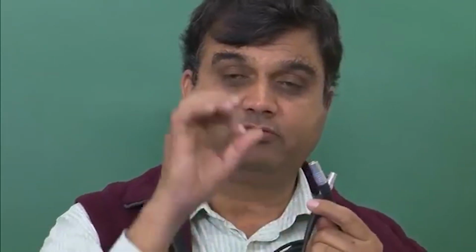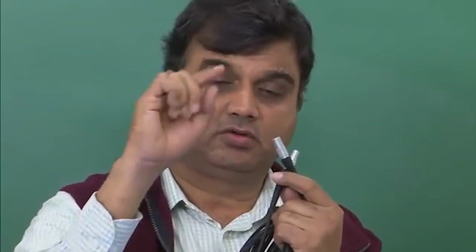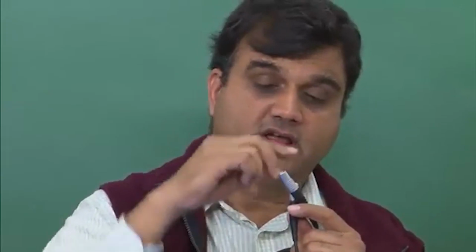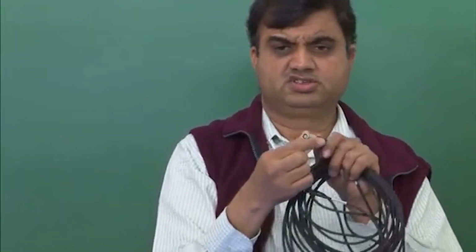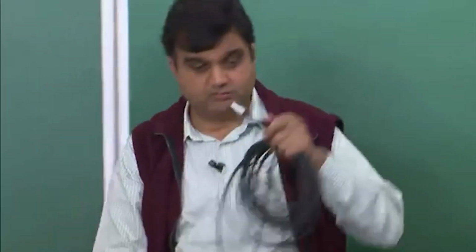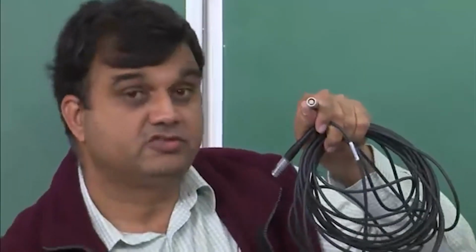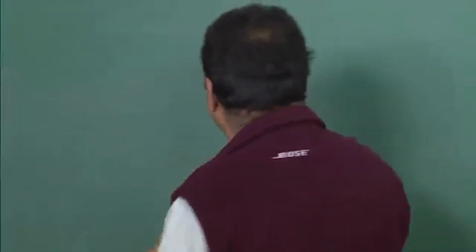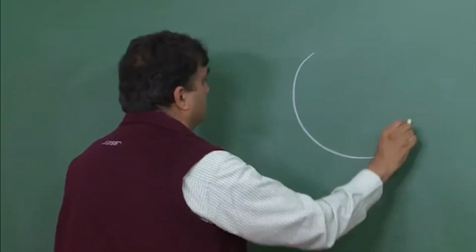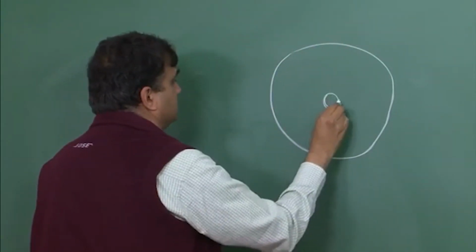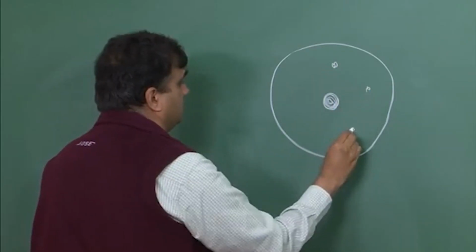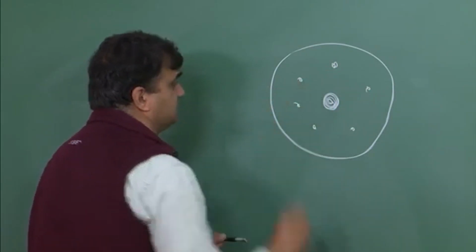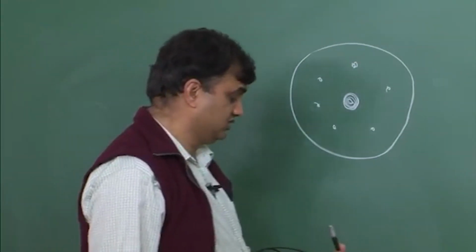So in BNC cable you have one cable running on the axis of the cable, and then there is another conductor which surrounds that core, but here you have 6 on the periphery. So if you take front view of this thing, then it will look like the overall cable has one conductor on the inside and then 6 on the outside.